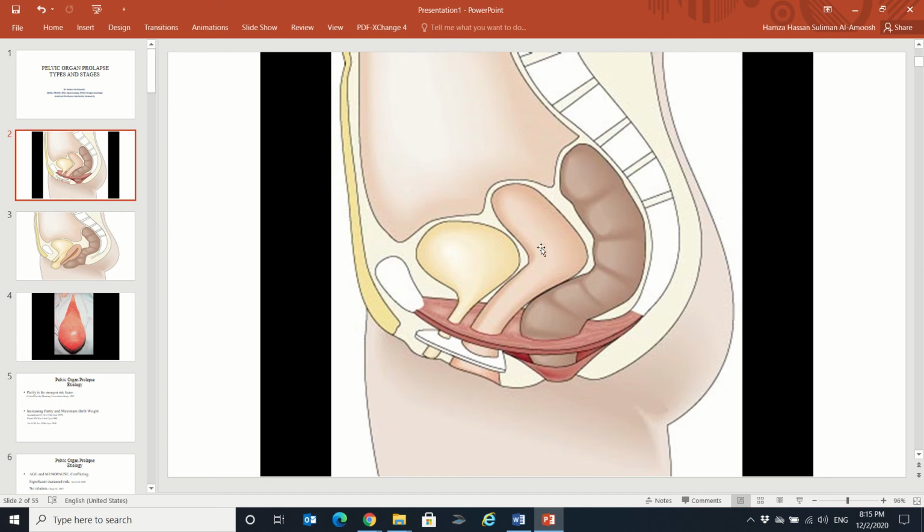This is what holds the uterus in place. We also have the round ligaments, and between the round ligaments and the pelvic side wall there are the broad ligaments. But the supportive role of the cardinal and the uterosacral ligaments is greater. This constitutes the apical support of the uterus.